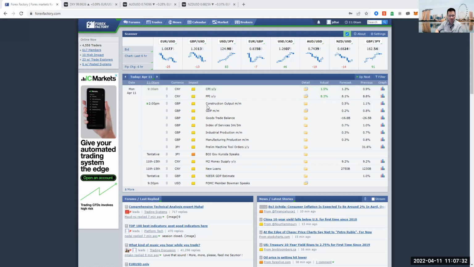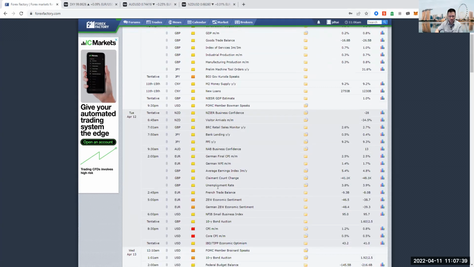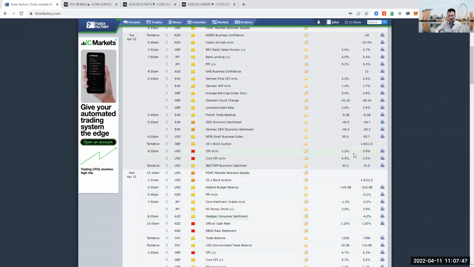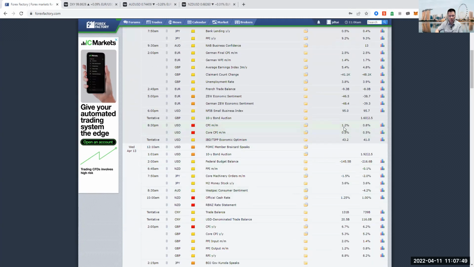What else could happen? Later today, we do have the pound, so not going to affect the Aussie and the Kiwi too much. But what you have to pay attention to is tomorrow, we do have the US CPI number, month on month, to be released. Was a 0.8%, expected a 1.2. So we are looking at, again, inflationary data for the US increasing, which could, or is most likely to, force the FOMC into further action in terms of rates.